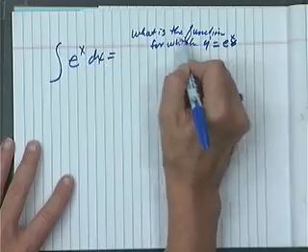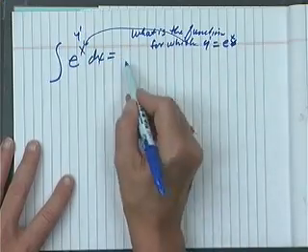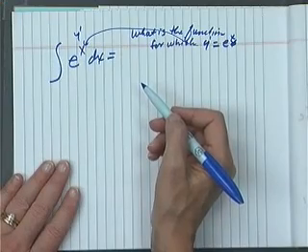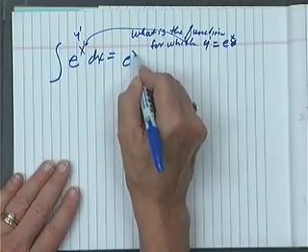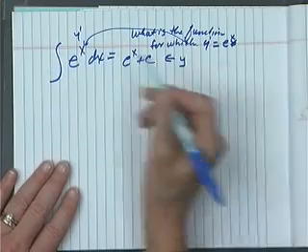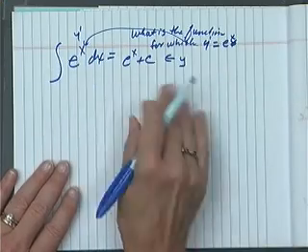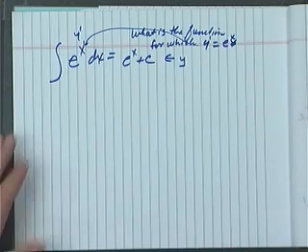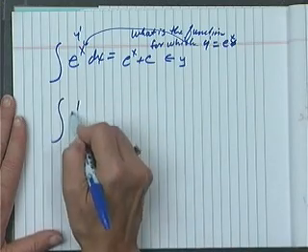This part right here is the derivative. And everybody says, okay, what do I take the derivative of that gets me e to the x? And everybody says, e to the x. All right, so this is the function for which this is the derivative. And we put the plus c because there are a zillion functions for which that's the derivative, but they just differ by that constant. All righty.